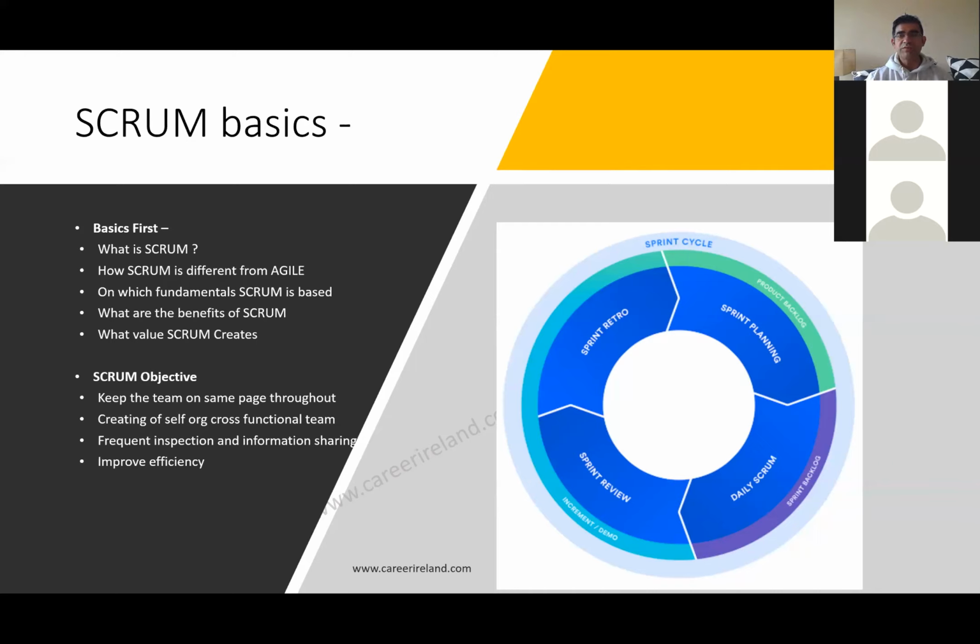The next Scrum objective is creating cross functional teams. When we say creating a cross functional team, what does it mean? Let's divide a particular piece of work into parts. You get some work from the customer in the form of requirements. When you get the requirements, you analyze them and see whether they are valid or not.